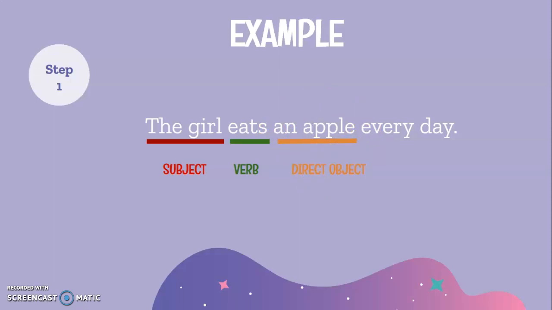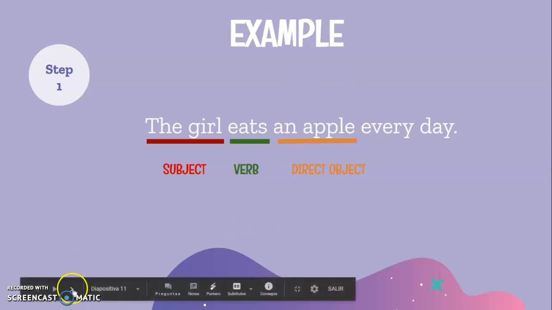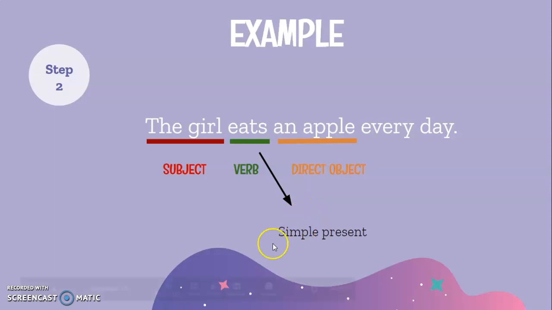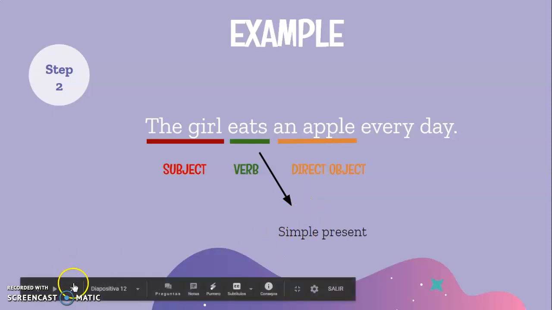So my question would be, what does the girl eat? The answer would be an apple. That is why the direct object is an apple. Now step 2. We know that the verb is eats, and because it has an S at the end, we know that we are talking about simple present.